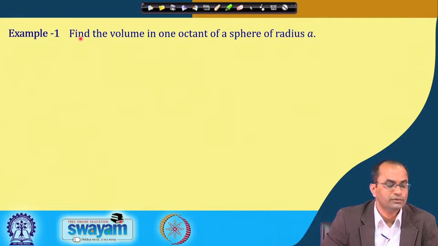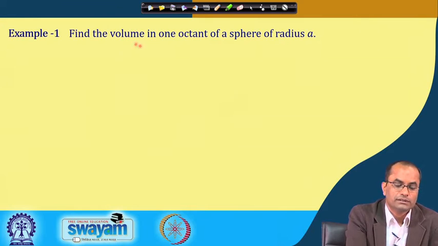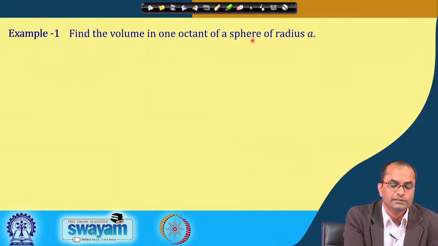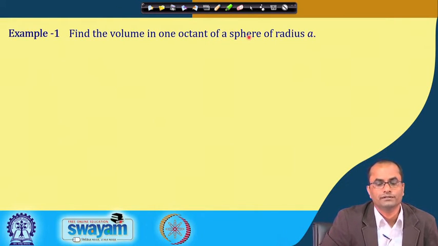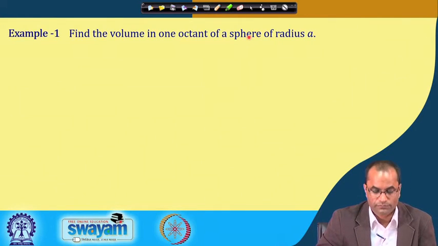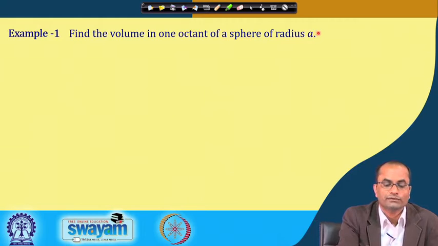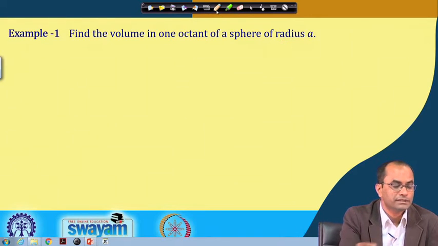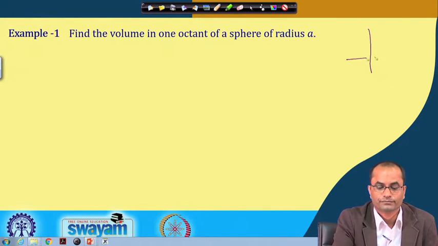Another very simple example where we are using the sphere here. We know the equation of the sphere. We will get z square in terms of x square and y square, and then here the volume in one octant. So, we are considering basically the first octant here.